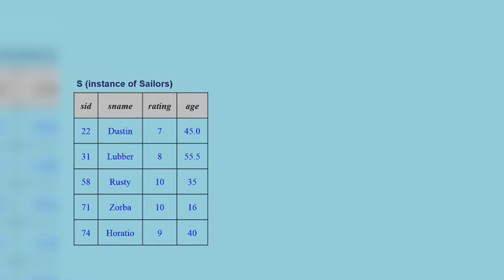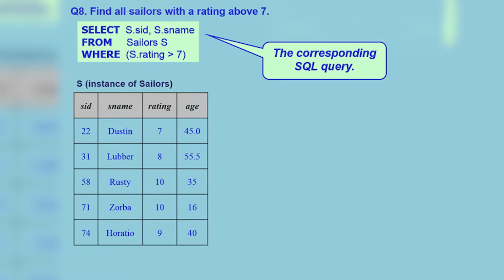S, instance of sailors. Task. Query 8. Find all sailors with a rating above 7. The corresponding SQL query: select S.sid, S.sname from sailors S where S.rating is greater than 7.